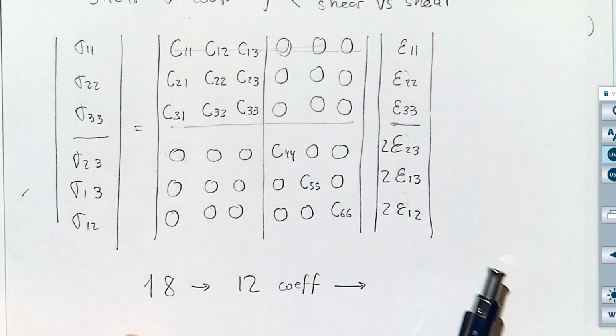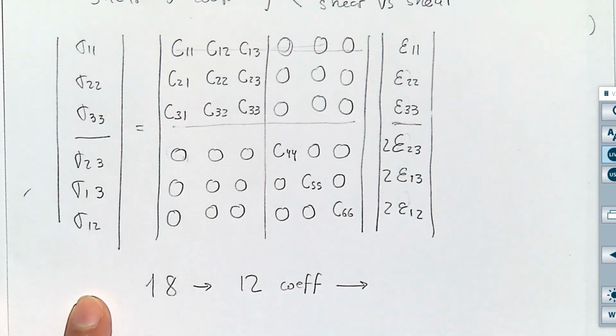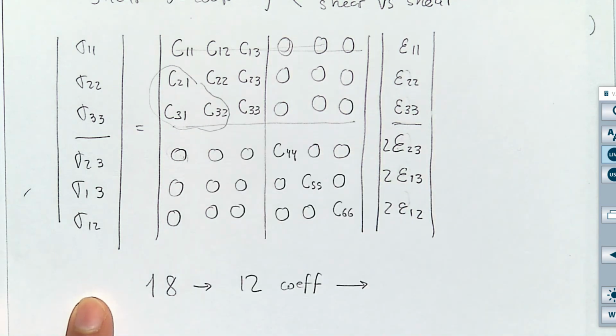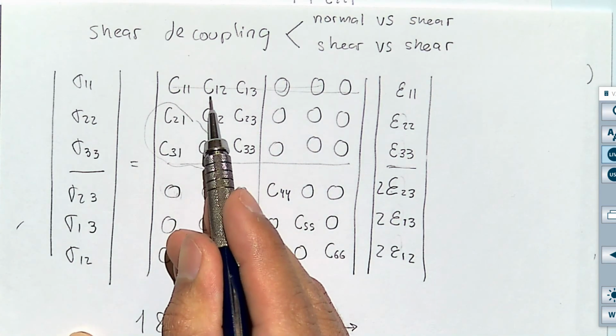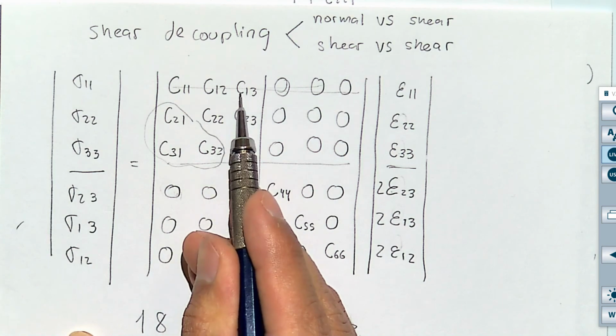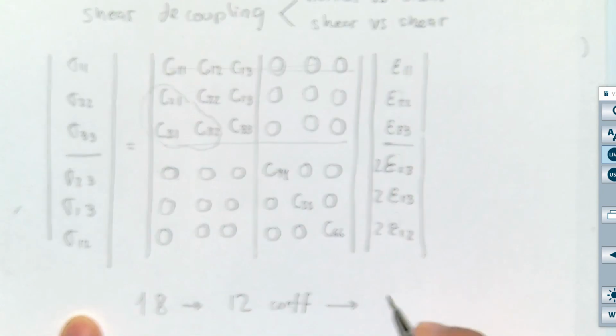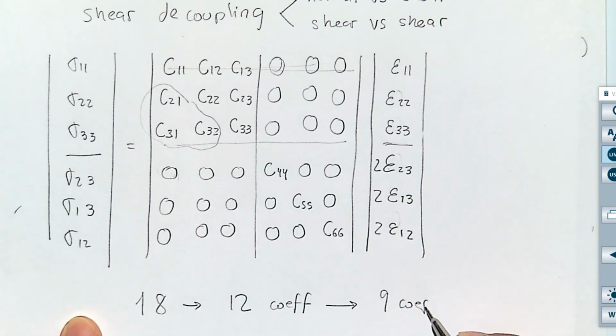In order to conserve the symmetry, that means that this matrix is also going to be symmetric. So these 3 over here, this one is going to be equal to that one, this one is going to be equal to this one, and this one is going to be equal to that one. So at the end of the day, because of symmetry, I'm going to have 9 coefficients.